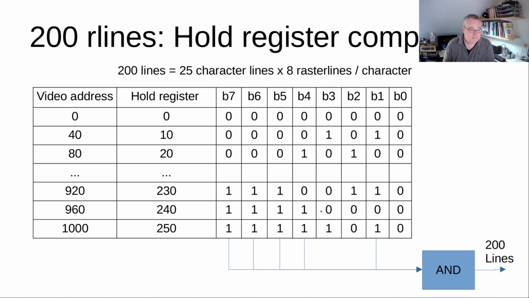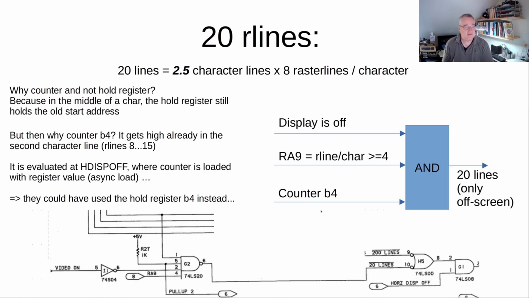When you look at the 20 raster line, I've tried to put it here and focus on it. What we see here is basically a schematic of the simplification. So we have the display off. We have this RA9, which is raster line per char in the second half.